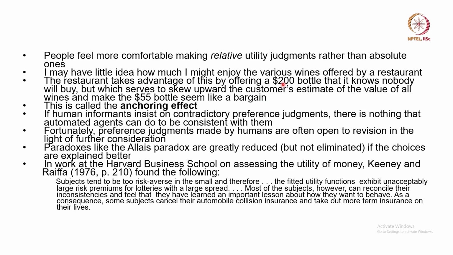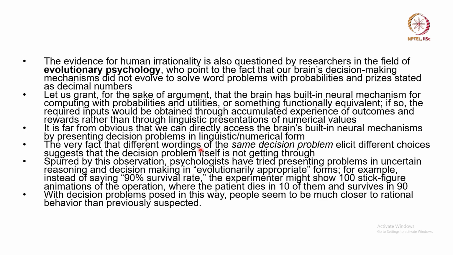They do that so that if a customer takes something at $55, he thinks he is getting a bargain, even though it may not really be one. This is known as the anchoring effect. So the wording is important. We'll stop at this point and talk about the multi-attribute utility function in the next session.